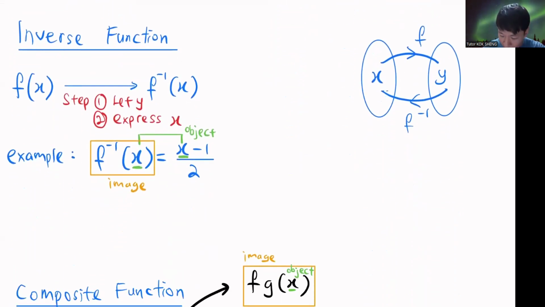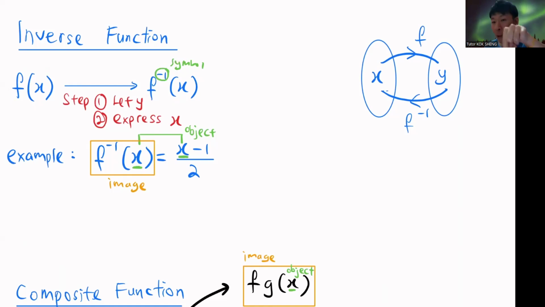Inverse function. Okay, so now, an inverse function is a function with this symbol, power -1. So if you are using the function f(x), to change to inverse you have to write f^-1.